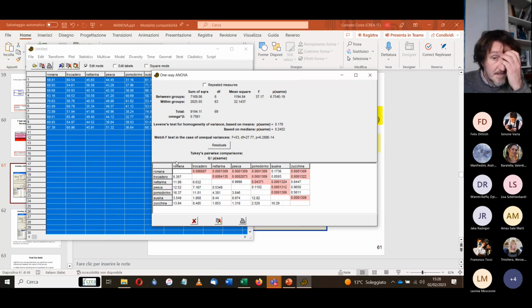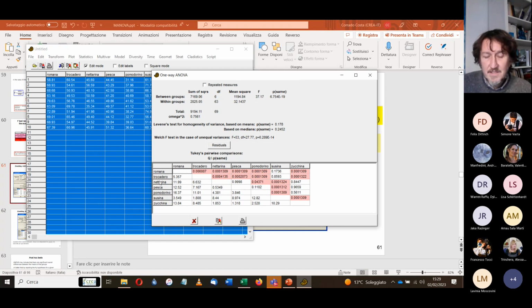Here we have the post-hoc test, in particular, PAST reported as the Tukey pairwise comparisons, where in this part of the table, you can find the Q values of the Tukey test, and in the upper part of the matrix, you find the P value.